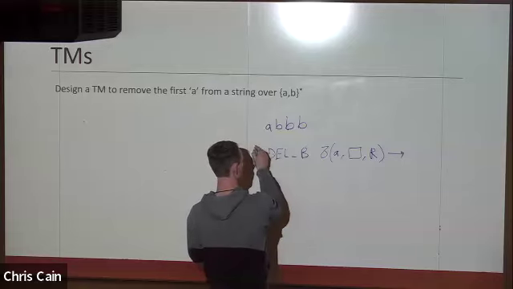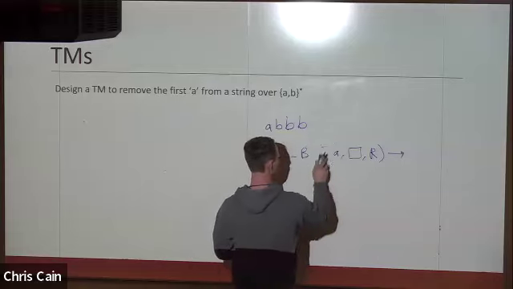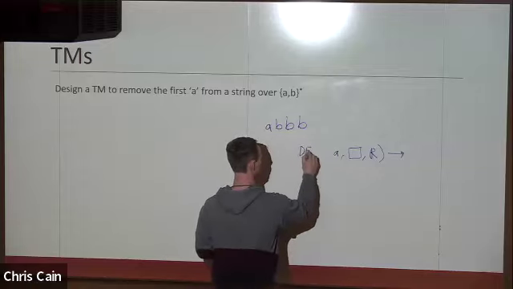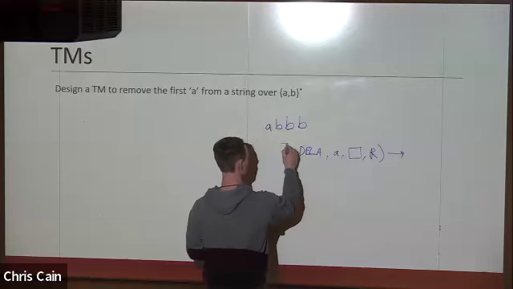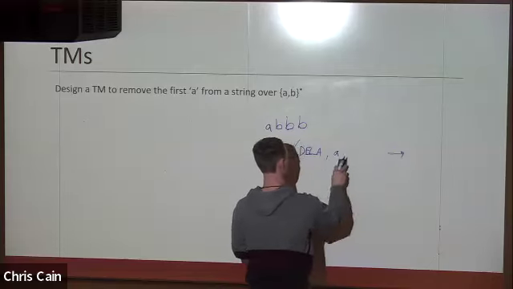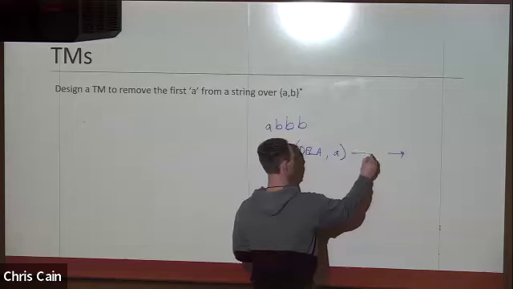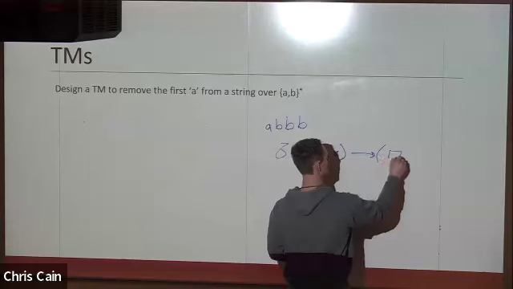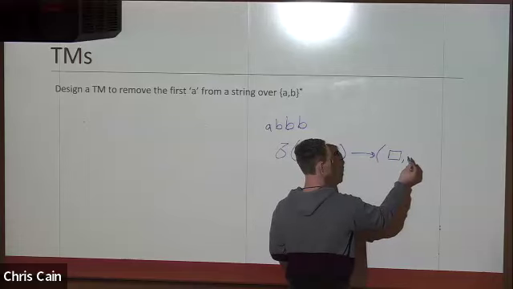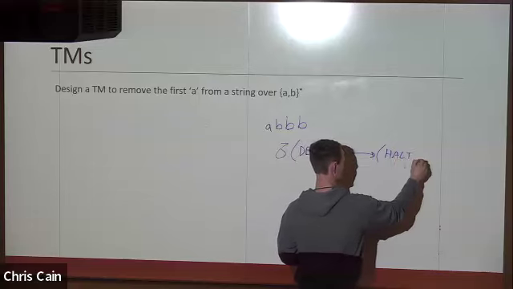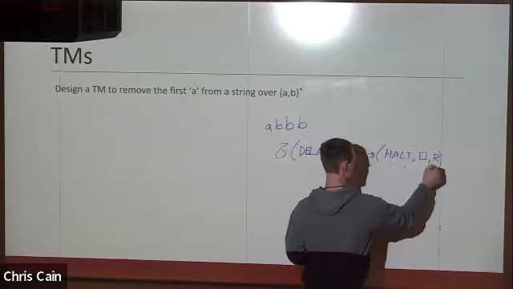It's a state character. The output is the blank, then the state, and then the move. It doesn't matter where we move.